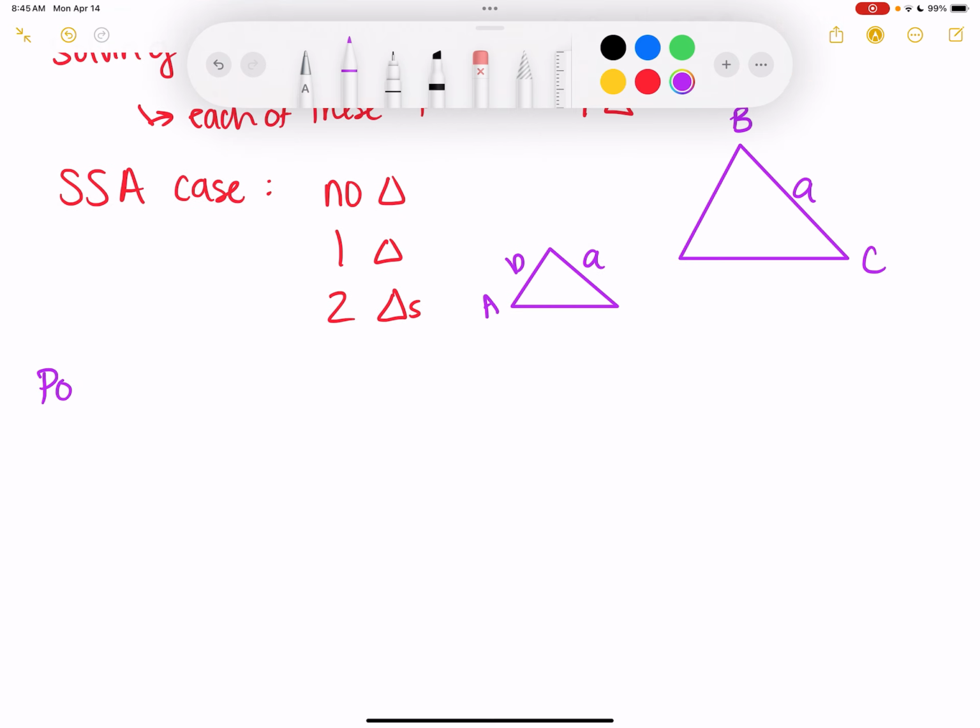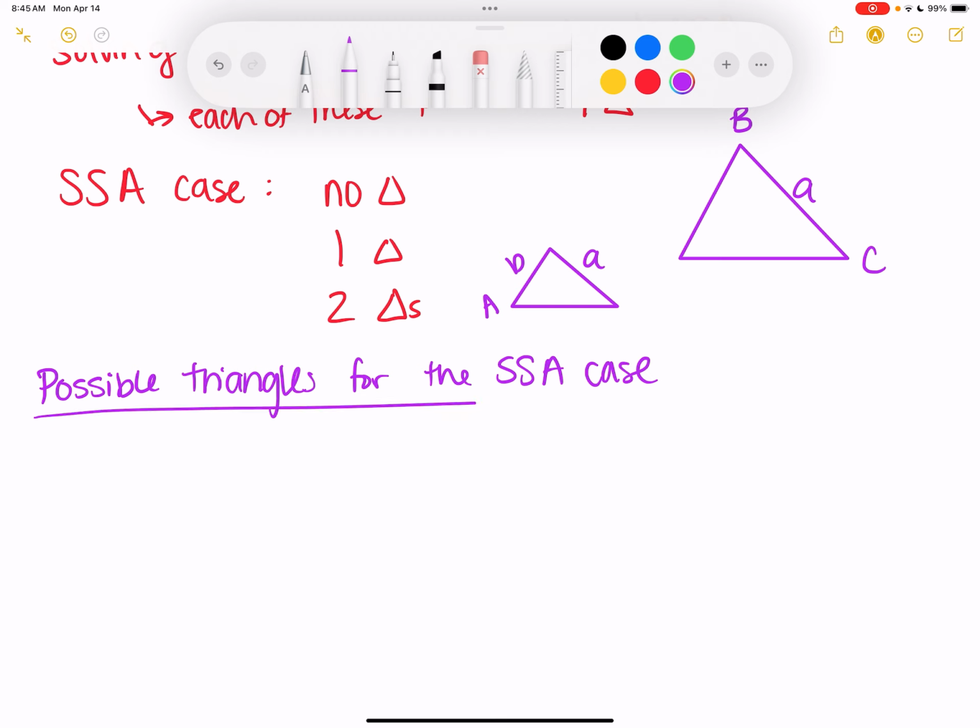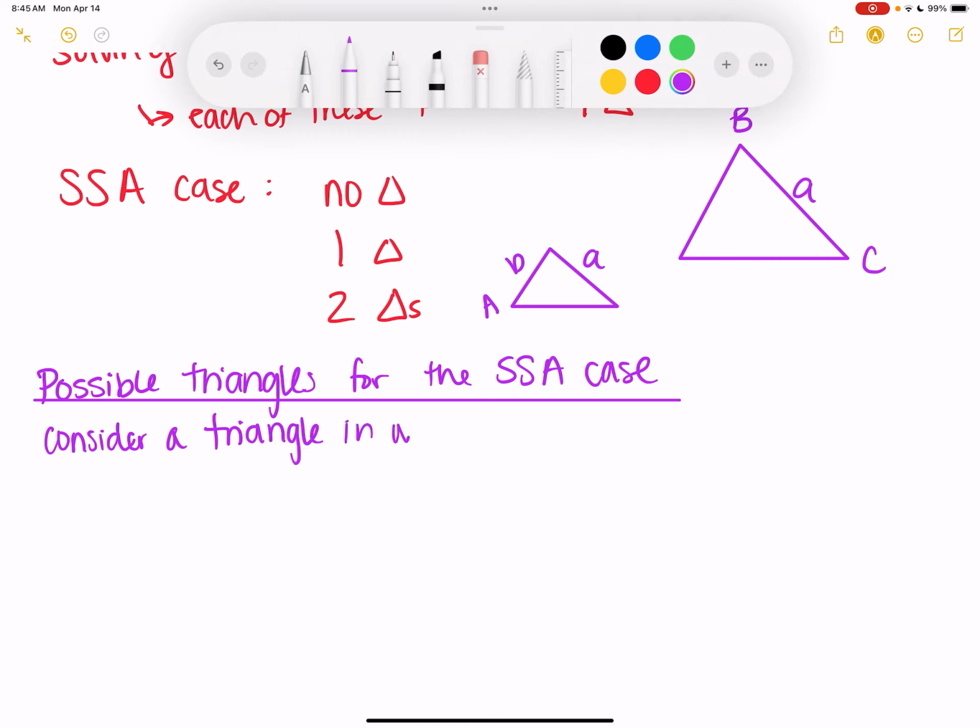So, possible triangles for the side, angle case. Like I said, I'm going to write a little bit, and then we're basically going to make a big chart here under it. So consider a triangle in which you are given side A, side B, and angle A. Essentially, it's just what I gave you up here in this little picture.